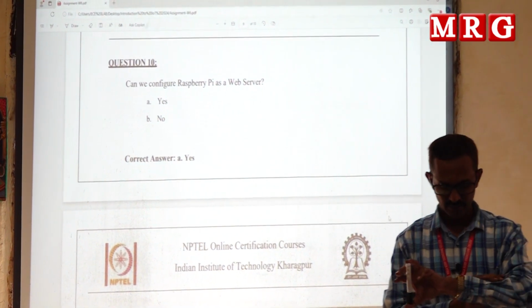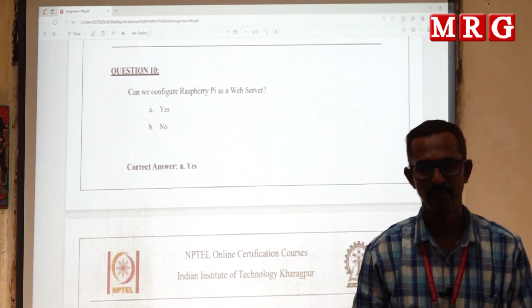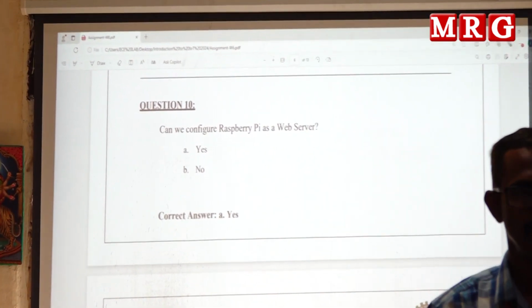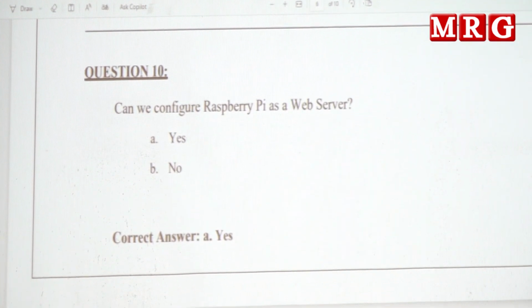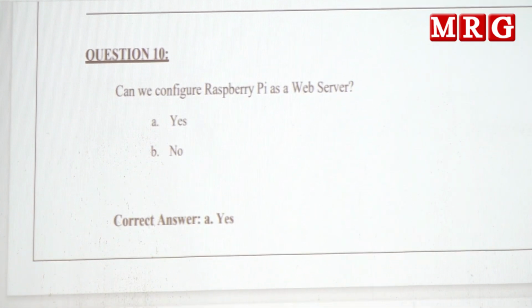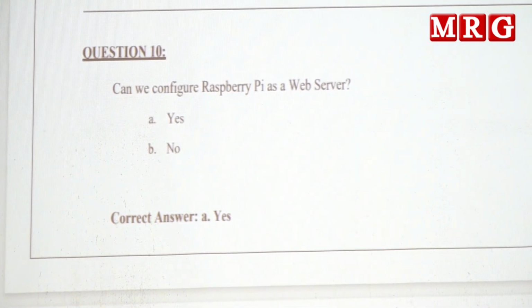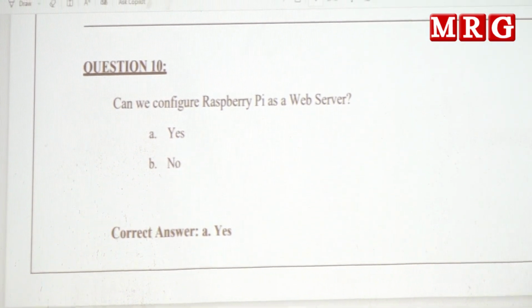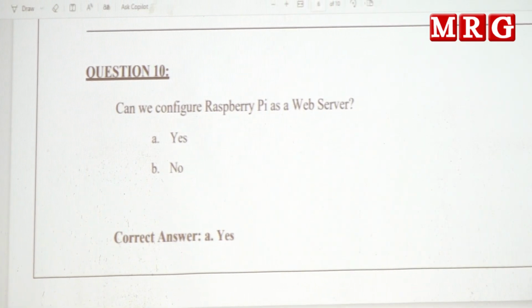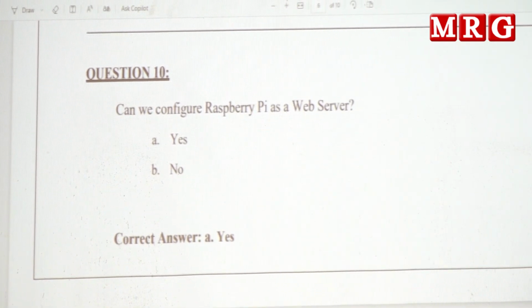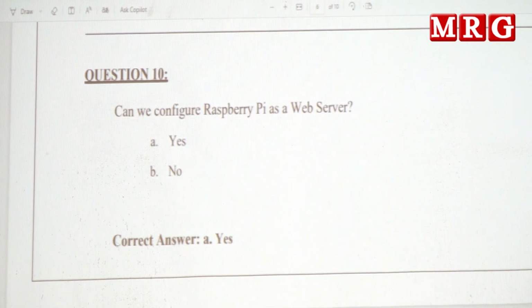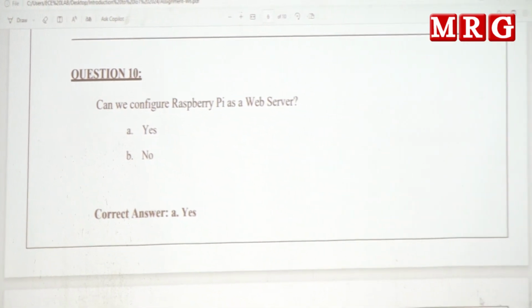Raspberry Pi. What is Raspberry Pi? That is also one more development board like Arduino, along with operating system and networking support. Raspberry Pi can be configured. It is advanced compared to Arduino.